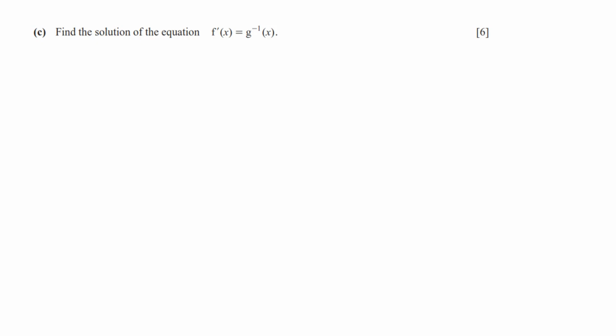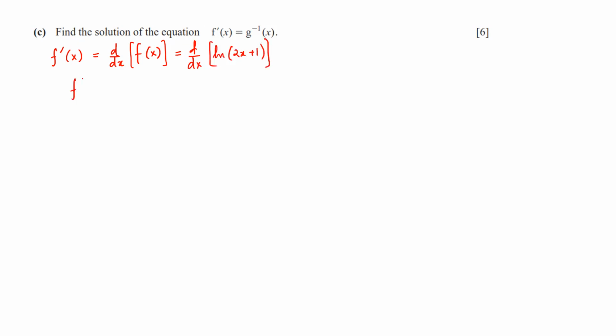Okay. So moving ahead, part C, it says find the solution of the equation f dash of x is equal to g inverse of x. So how do we solve it? First of all, we find f dash of x. This is the first derivative, or we have to find d by dx of f of x. This is equal to d by dx of natural log of 2x plus 1.